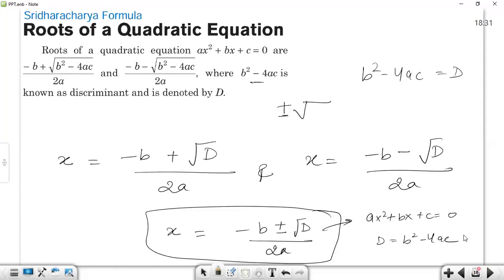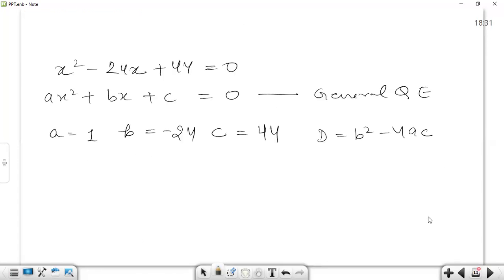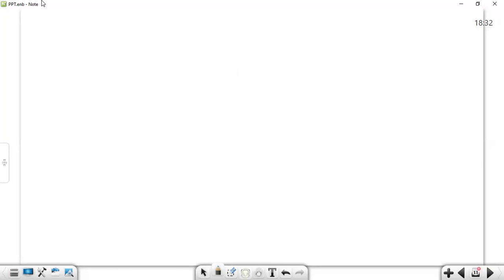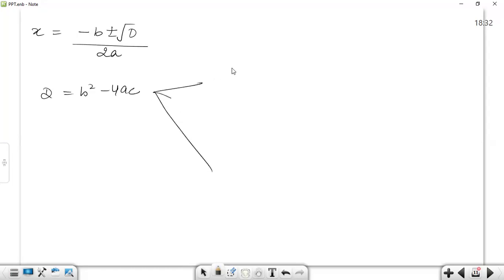Before that, let's discuss one more thing, that is the discriminant. Now we know the solution of a quadratic equation using the Sridharacharya formula will be written like this. And D is b square minus 4ac. There can be three things with a number: a number can be positive, a number can be 0, or a number can be negative, right?